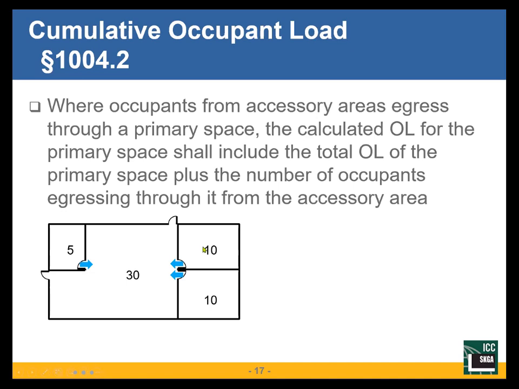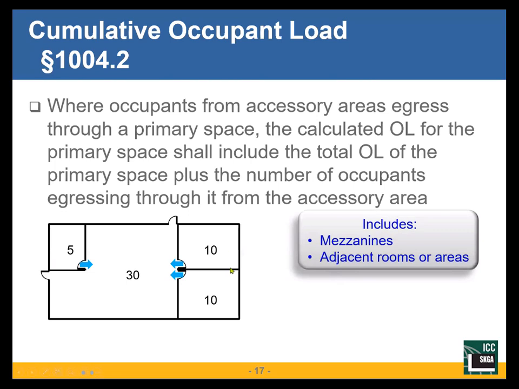Here's my floor, and I've got 4 areas. Occupant load of 5 in this room, 10 here, and 10 here. At 10 occupants, 1 exit required, the door can swing in, we're good. But now this area, which has 30 occupants, how do we design that one?